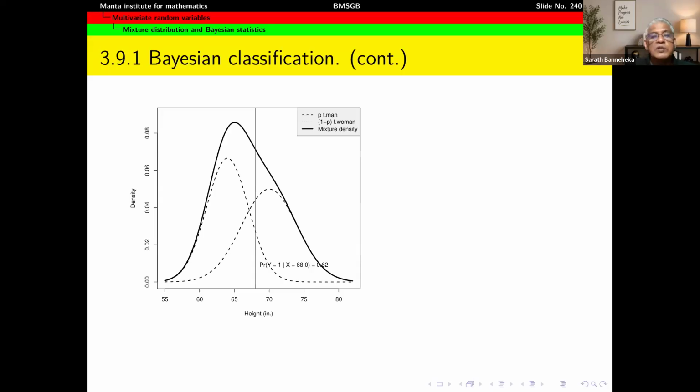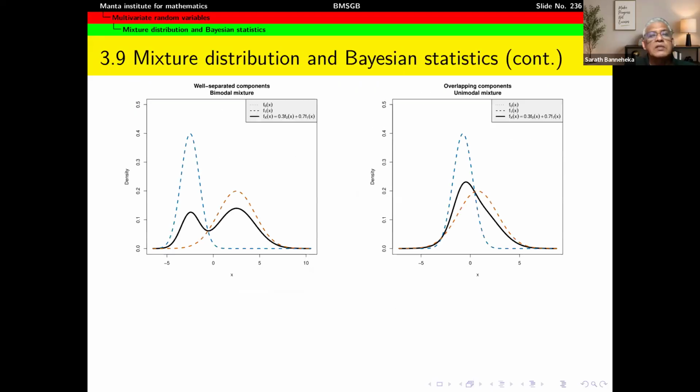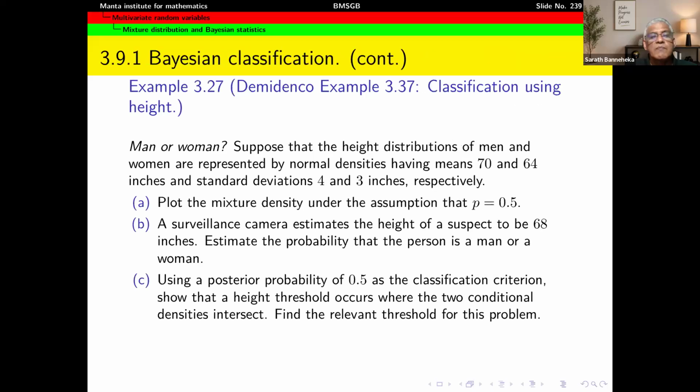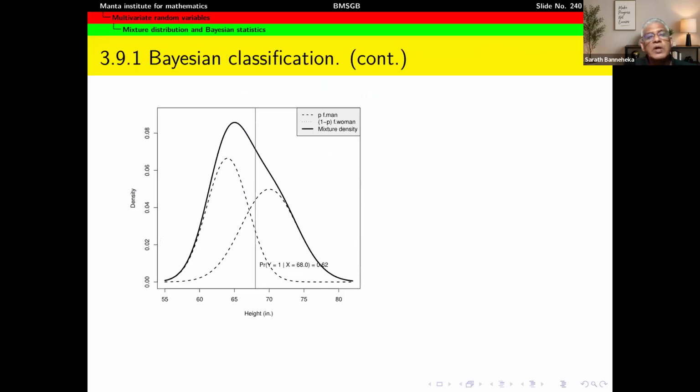But in my first picture, when I explained these things, these are the original distributions. So this one is F naught and F1. This blue one is F1, the red one is F naught. Again here, the legend is somewhat wrong. So the mixture distribution I can calculate because I know the individual densities.